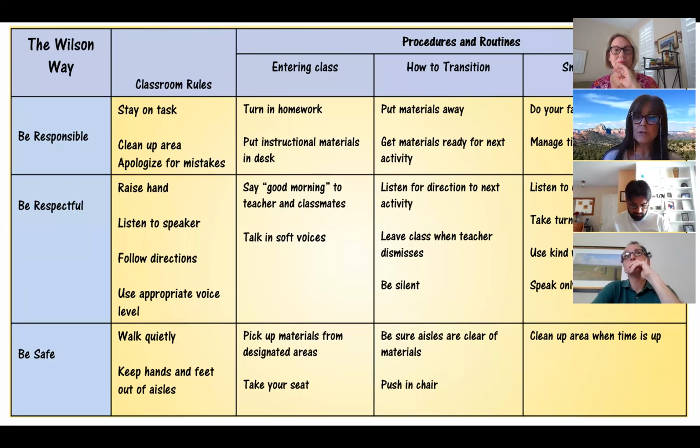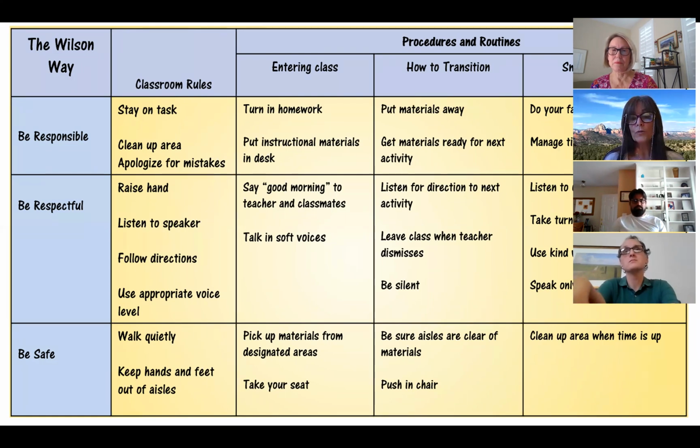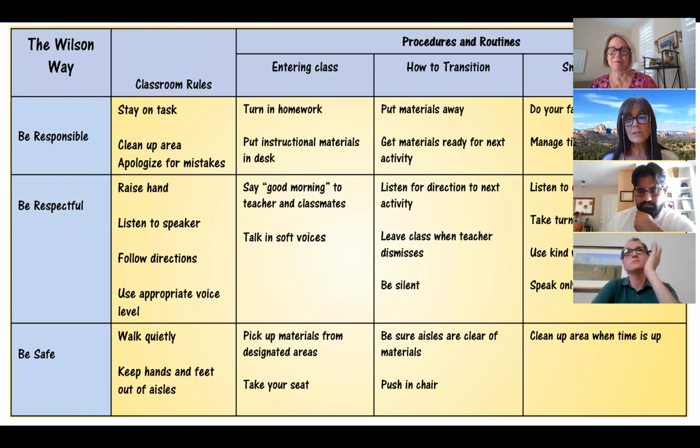So this is the matrix, and we should all be familiar with what your routines are and how you're going to teach them. We align it with our school-wide expectations. The Wilson Way is just a really nice example: be responsible, be respectful, and be safe. There are general classroom rules that we may have as agreements across our high school, but we may also have our own routines that we've created with our students, like entering the classroom and how to transition in small group work, because that's important.